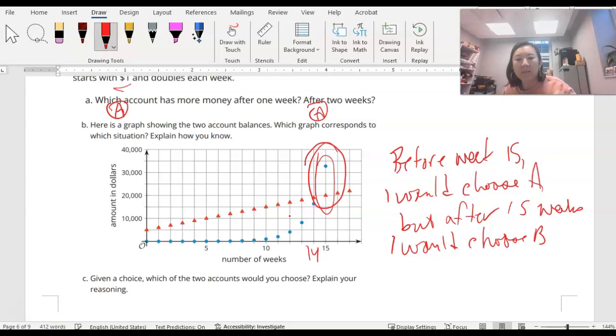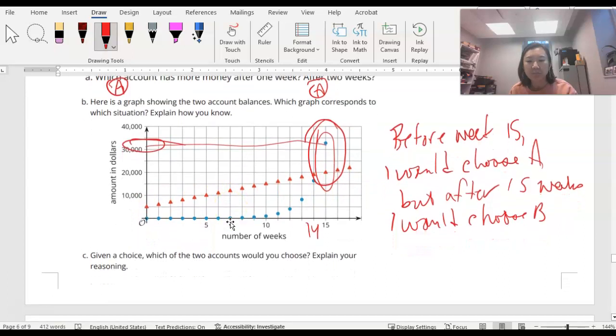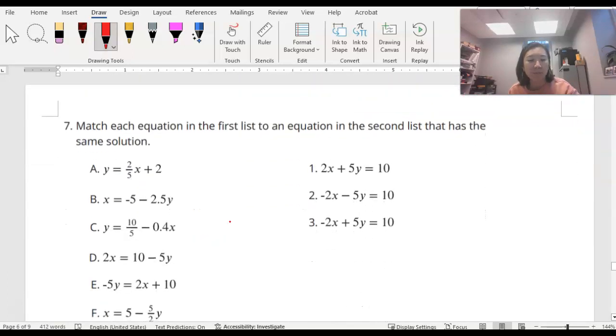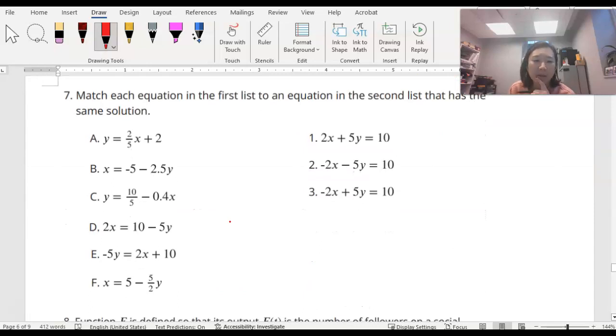Because at this point, my exponential function is now worth an incredible amount more than my Bank A, where I'm going up in a linear function. So this would depend on when I am using that bank account, or for how long, rather.